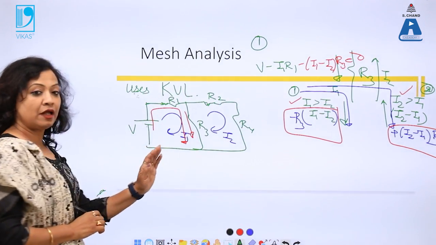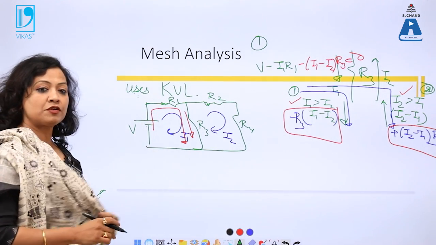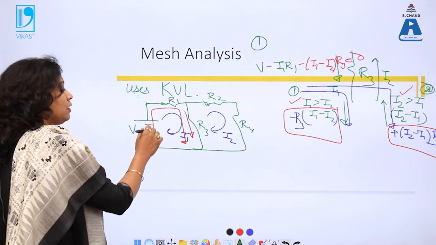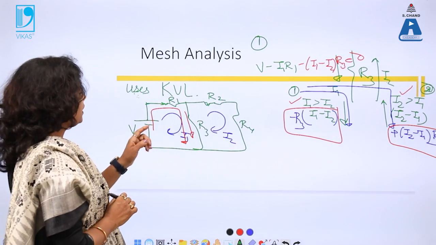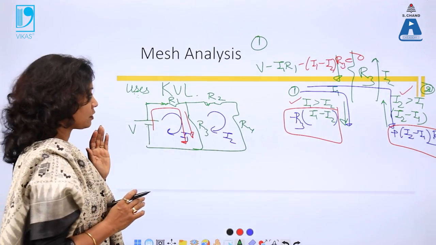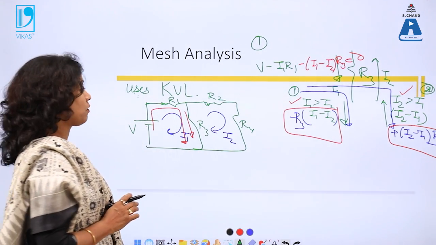I am repeating again, in mesh analysis there is no division of current at a node, current remains the same in a loop. The loop in which we are solving, we take that loop current greater than the other current if both the currents are in opposite direction, so that I do not get confused with the minus IR or plus IR concept.